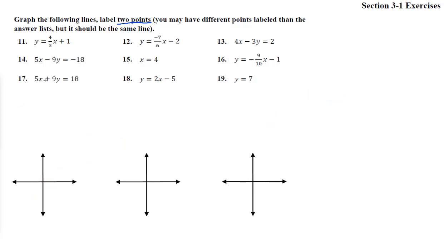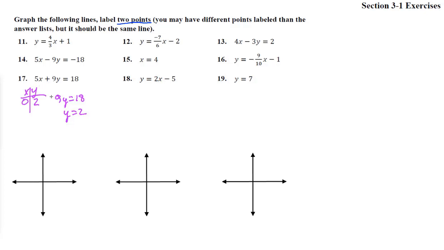Number 17, 5x plus 9y equals 18. Ooh, if we let x be 0, let's do that. If x is 0, we get 0 plus 9y equals 18. Divided by 9, we get y equals a 2. Good.